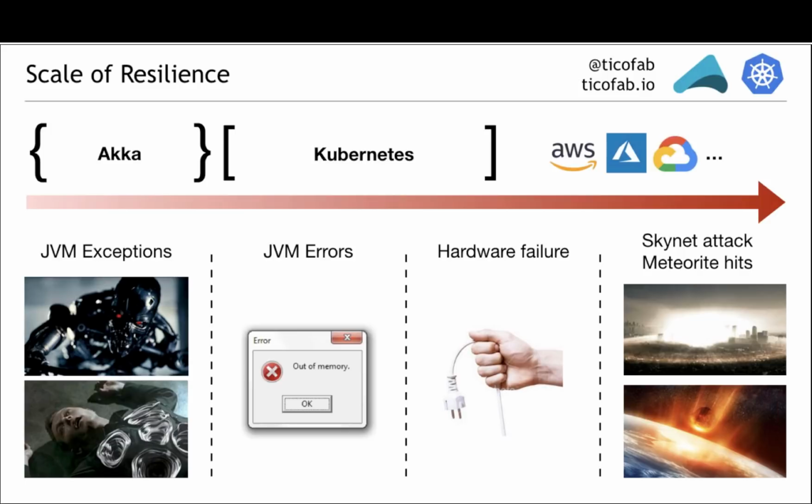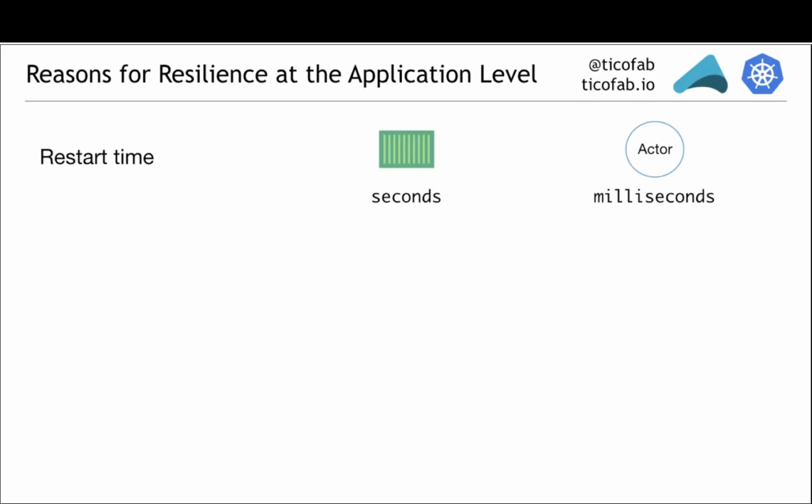And well, I think there are some very good reasons to take care of resilience at the application level still. And here are a few. First one, obvious: the restarting time of a pod is orders of magnitude slower than an actor. A pod takes seconds to restart, while an actor takes milliseconds.